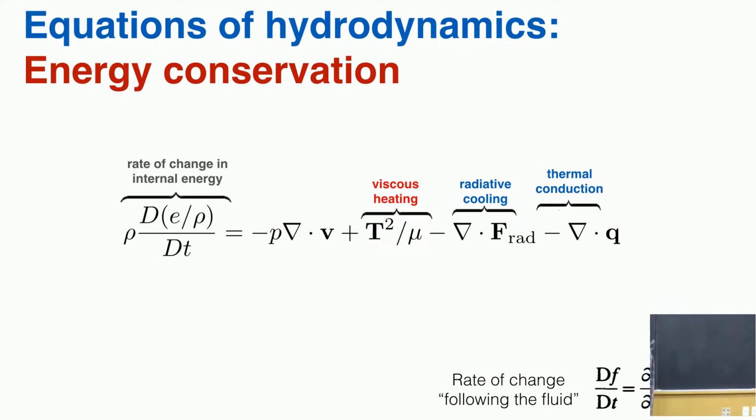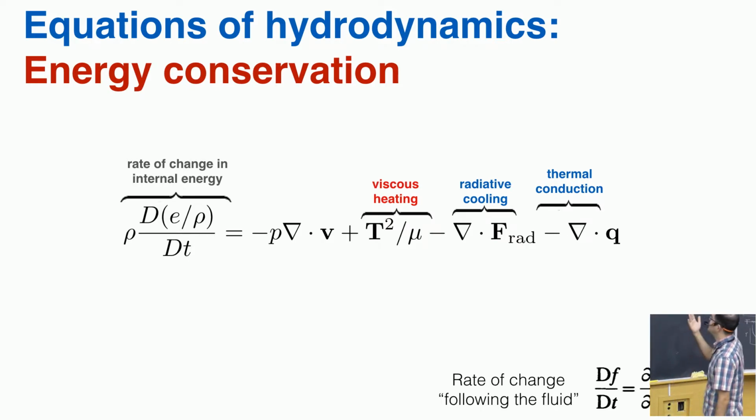If you have viscosity, if you have friction, you will heat your fluid, just like if you have friction in your hands, you heat your hands. But it is an internal friction, it's a viscosity. And so the conservation of energy is a balance of what is heating and what is cooling your fluid.